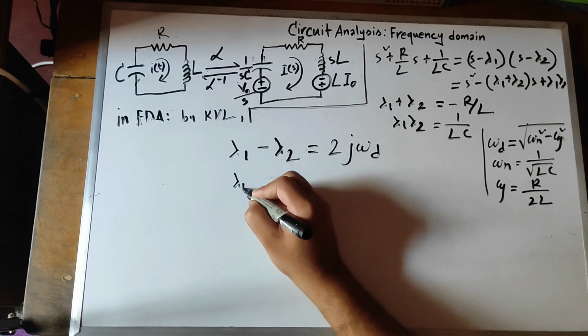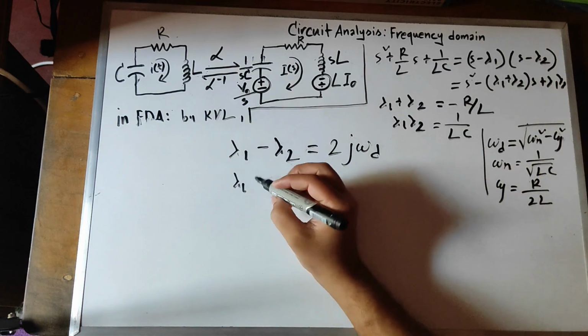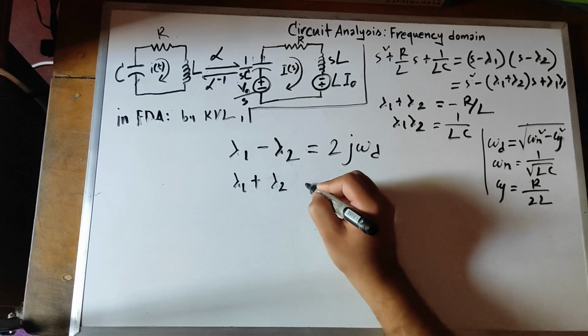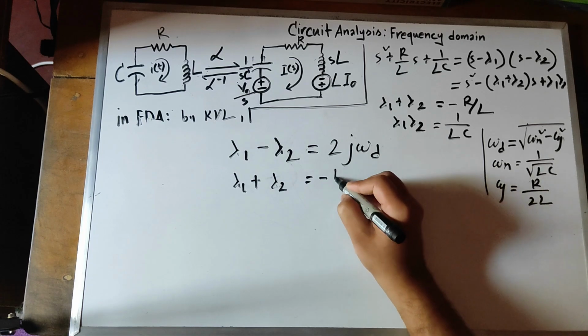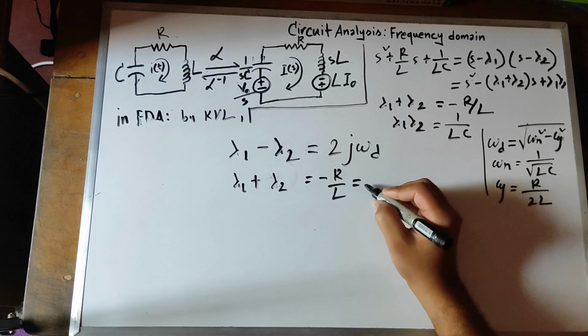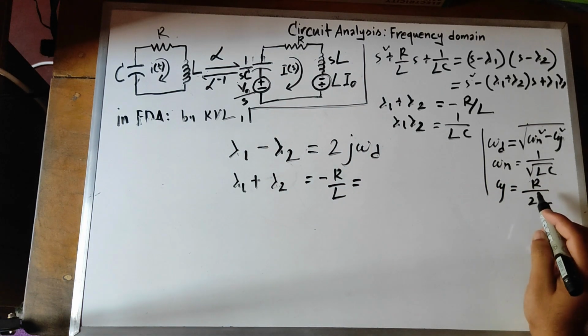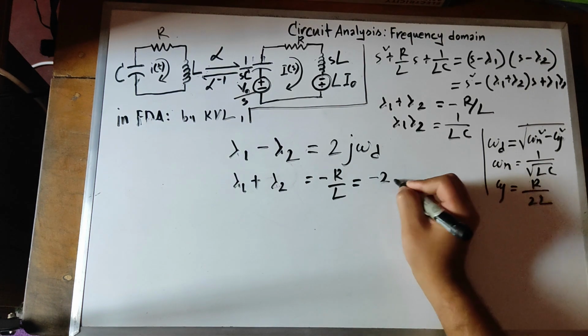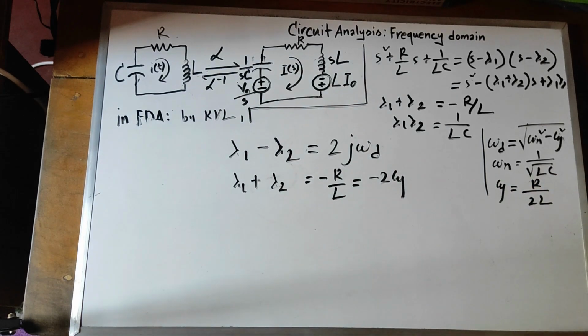From the earlier equation we directly found lambda 1 plus lambda 2, which is minus R by L, and as we defined the damping factor as R by 2L, it will be minus 2 psi.